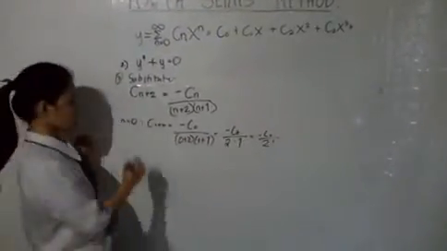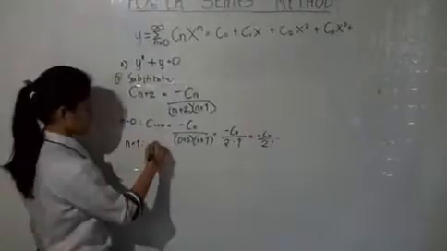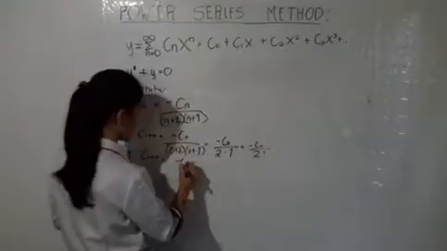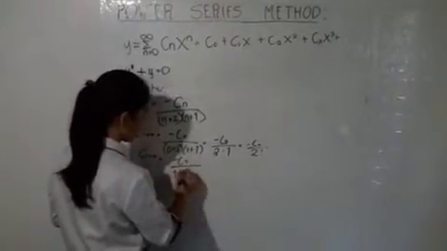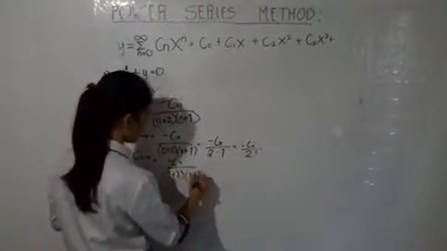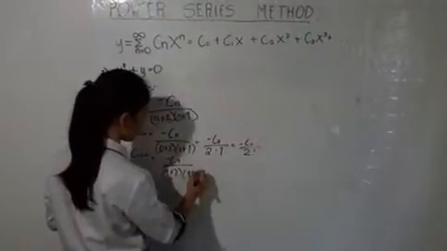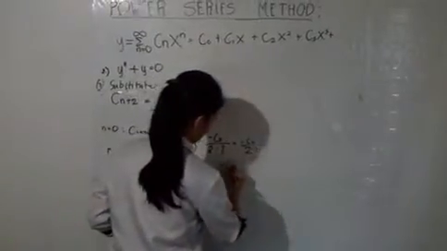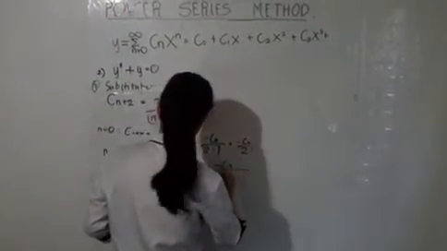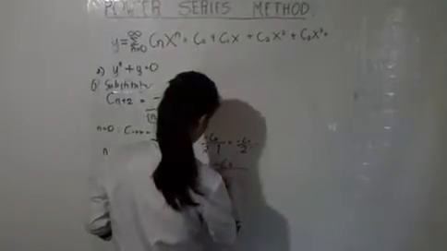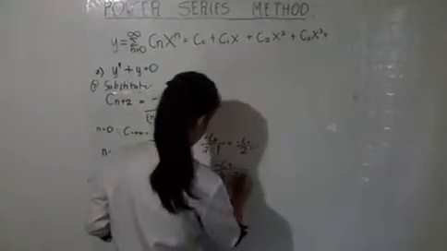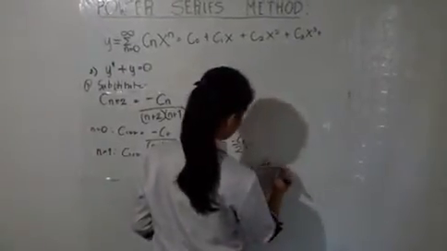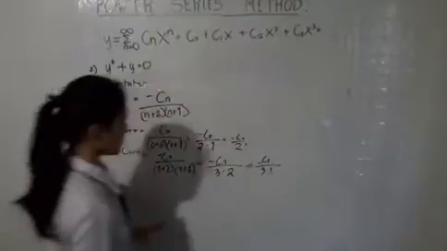Now, if our n is equal to 1, we have c1 plus 2 is equal to negative c1 over 1 plus 2, 1 plus 1. It will be equal to negative c1 over 3 times 2. It can also be equal to negative c sub 1 over 3 factorial.